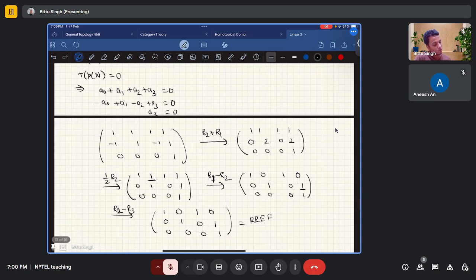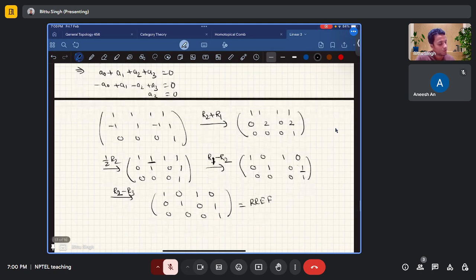Therefore, what are all the possible solutions? What is the null space of this? The solution space of this corresponding system means all those a0, a1, a2, a3 which satisfy these three equations.